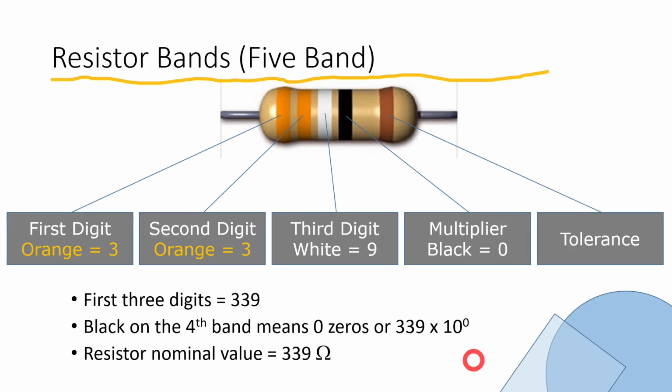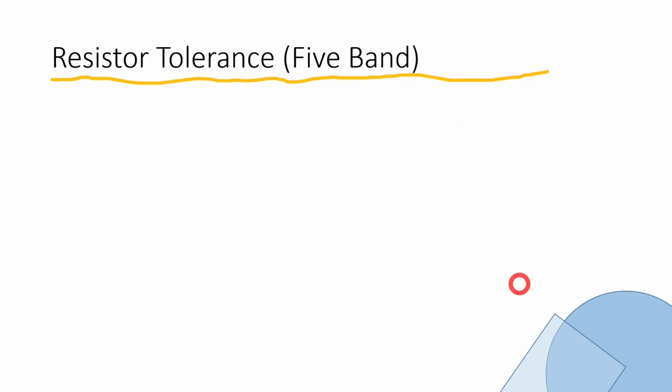So we're just going to have 339 ohms for this resistor. And I'll tell you now, it is a little confusing, and a lot of students will say 3,390 ohms because this is black, and black has a value of 0. But remember, that's 0 zeros, or 10 to the 0th power.